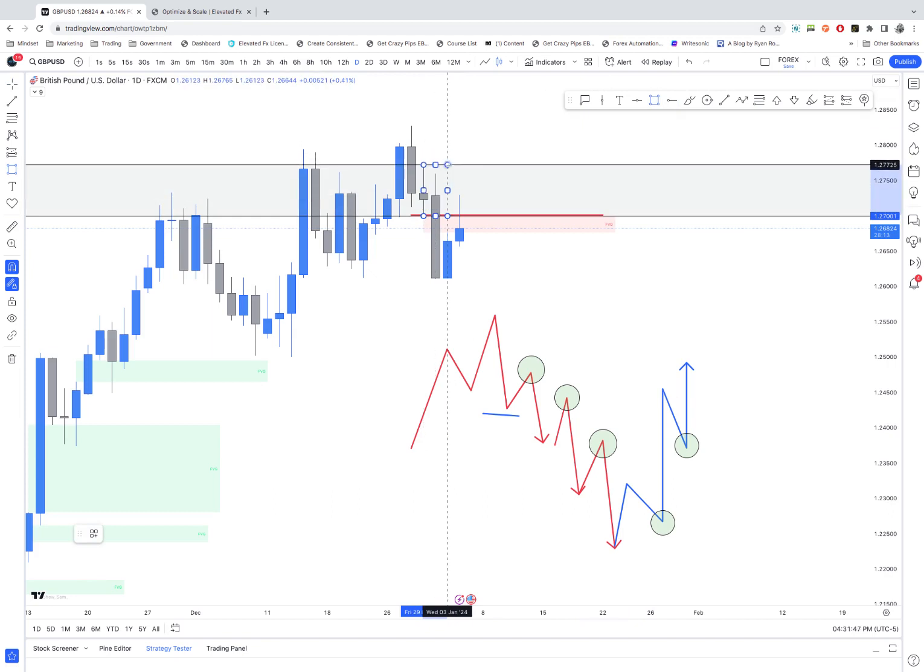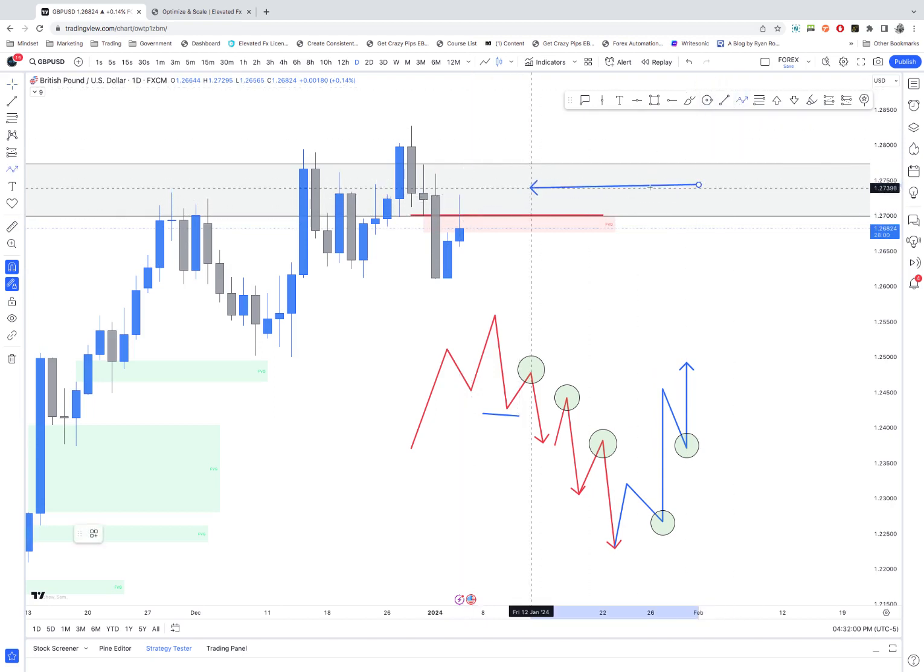But this right here is called an order block. It's a supply level. And since we're bearish on the Great British Pound, you would literally wait for price to come into this level. All right.